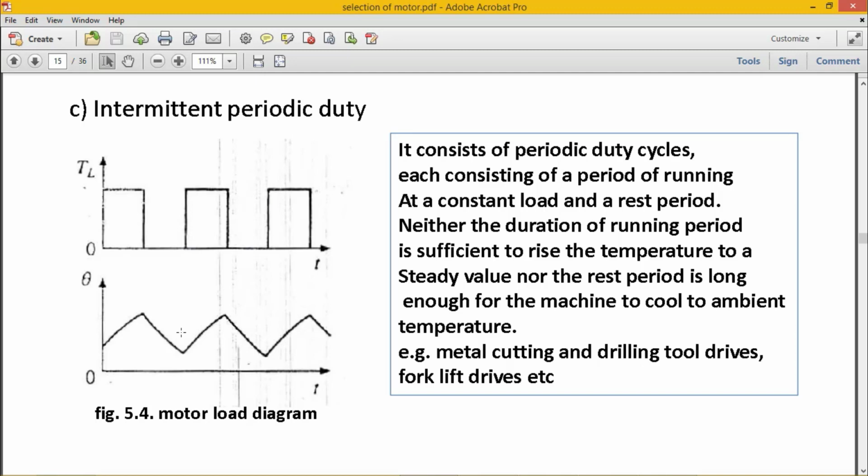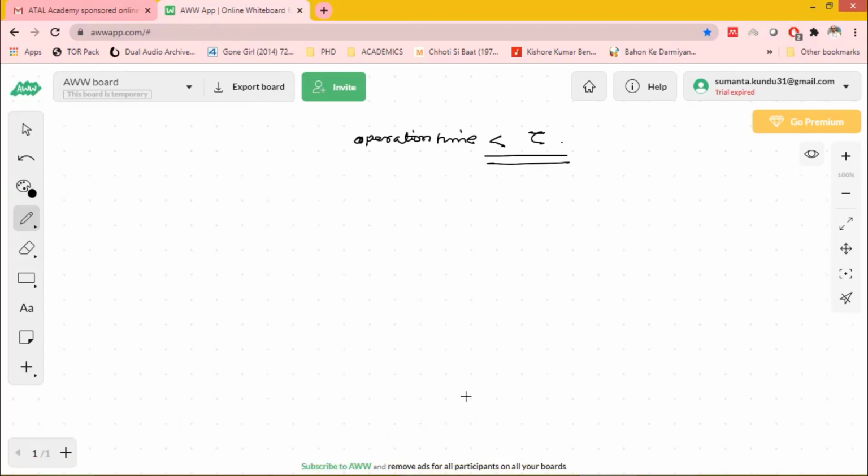Now the fourth one is intermittent periodic duty with starting. In this we cannot neglect the heat loss during the starting period.